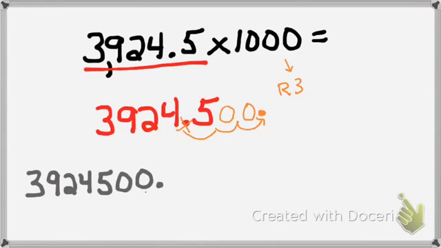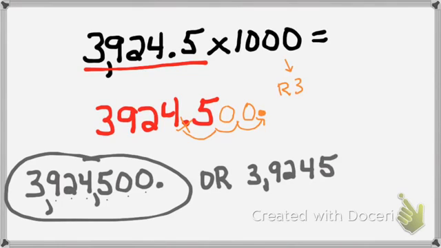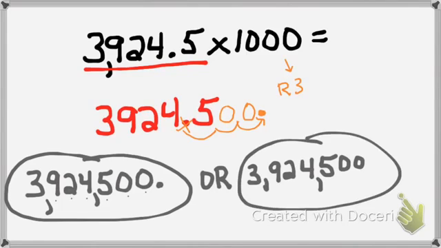So I'll count back 1, 2, 3, comma, 1, 2, 3, comma, and my answer is 3,924,500. Or I can write it without the comma, 3,924,500. And either one would be a correct final answer.